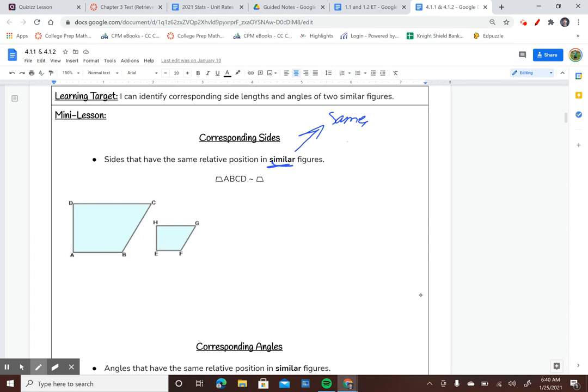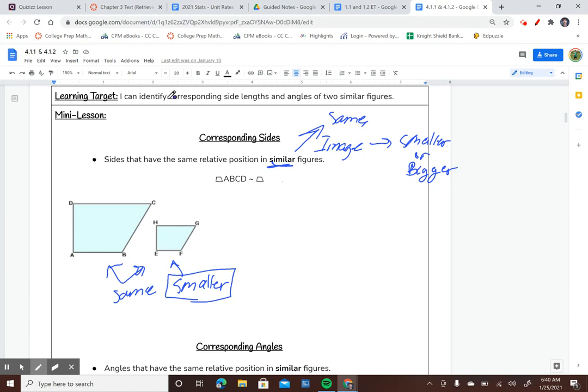So it's basically like a mirror image of the other shape, except it's either smaller or bigger. And if we take a look at this example here, we do see that these shapes are in fact the same shape, right? They have the same angles. Their sides are in proportion to each other, but obviously this one on the right is smaller. It's a reduced image.